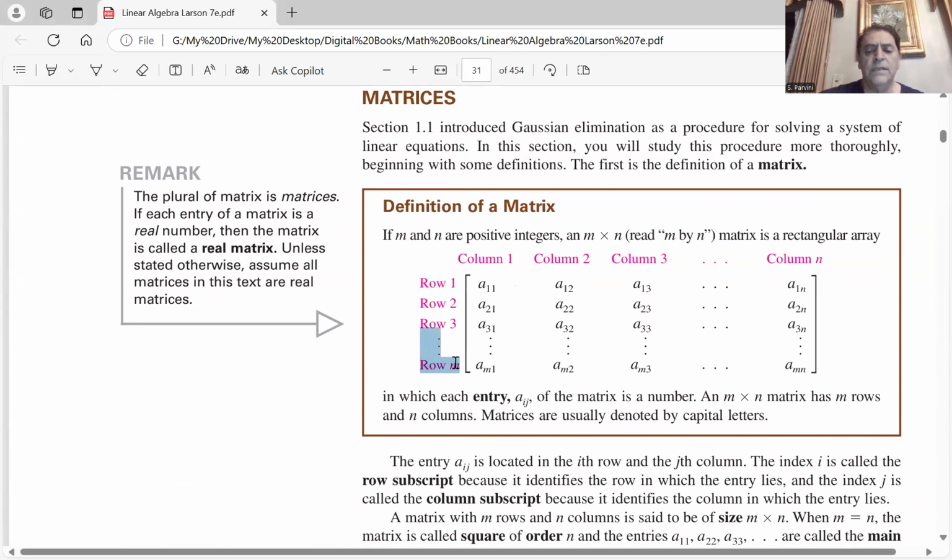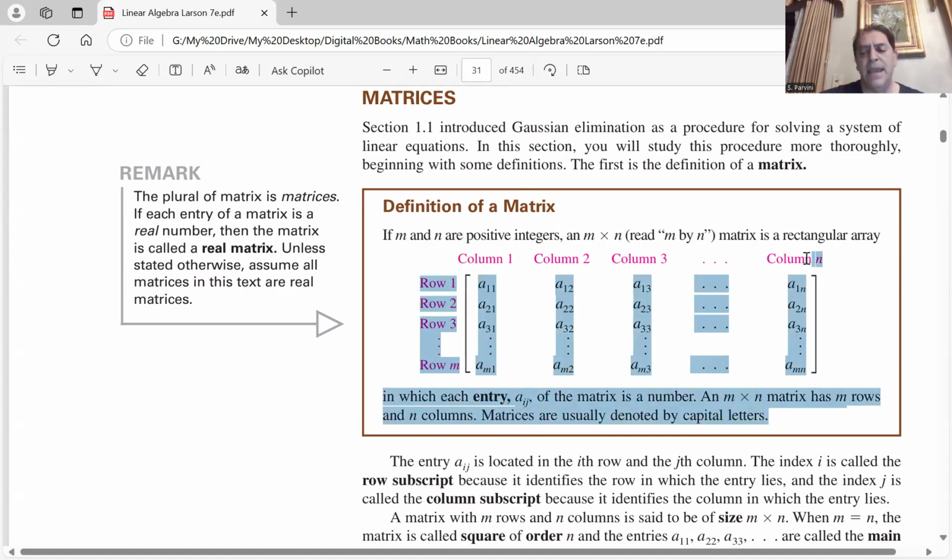So this matrix has m rows. And the columns go from left to right: column 1, column 2, and so on, all the way to the nth column. So this matrix has size or dimension m by n.